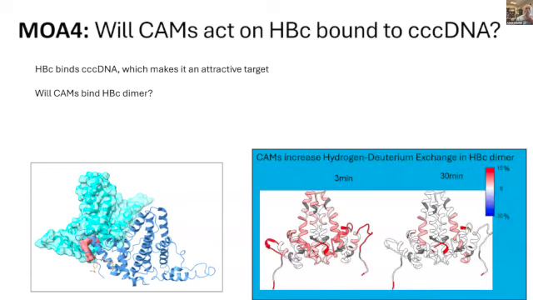And recent work from my lab in collaboration with Brian Bothner's shows that when CAMs are added to free dimer, not capsid, it led to an increase in hydrogen deuterium exchange across the molecule. That is, the hydrogen bonds that are holding alpha helices together are being made or broken at a faster rate in the presence of CAMs than in their absence. Conversely, if you add CAMs to capsids, it slows down the rate of HD exchange.